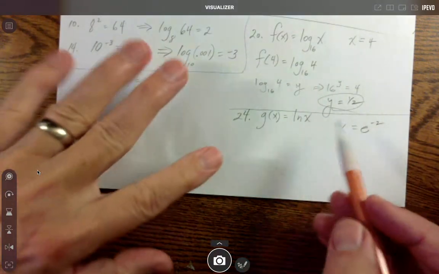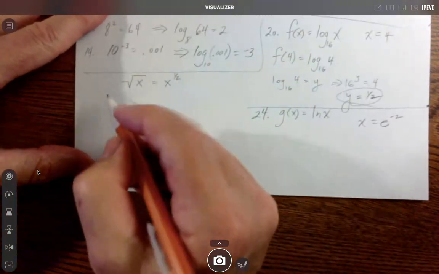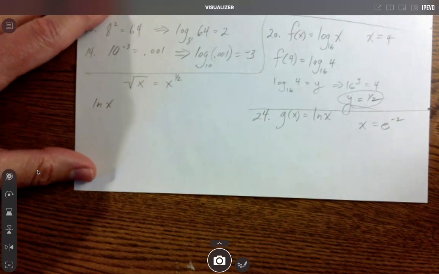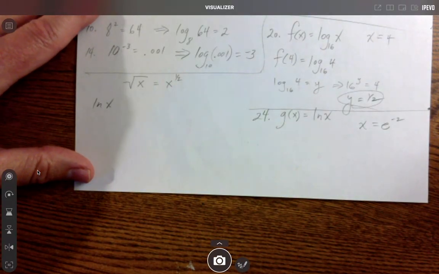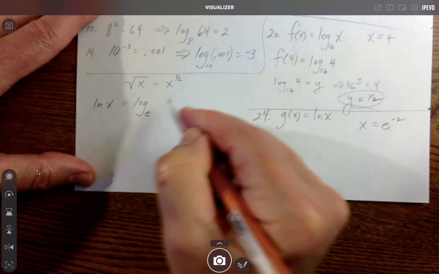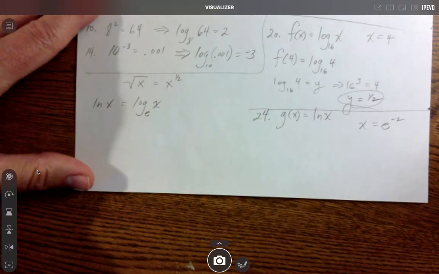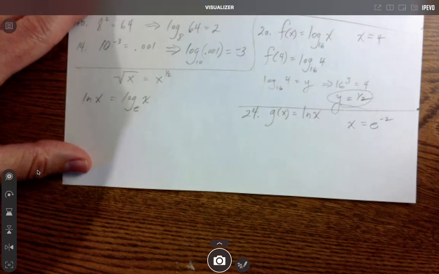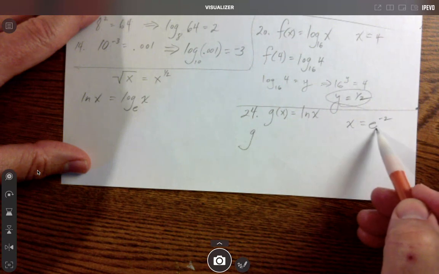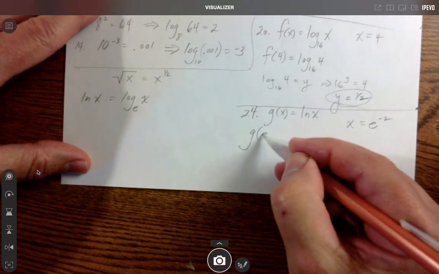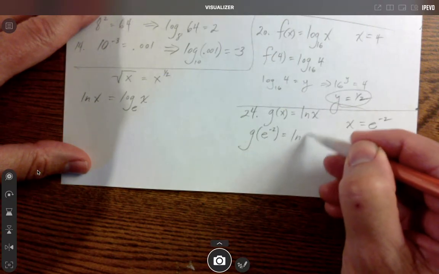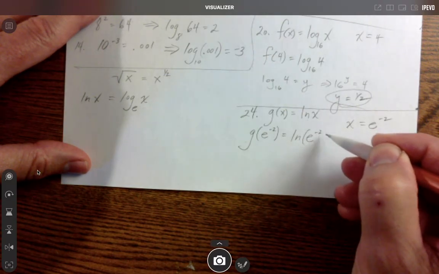All right, whenever you see natural log, I'll just put this over here just to remind you, and I know you probably already have seen this, but just a reminder, natural log is the same thing as log base e of x. All right, so if I want to plug in for x, e to the negative 2, now I have natural log of e to the negative 2.